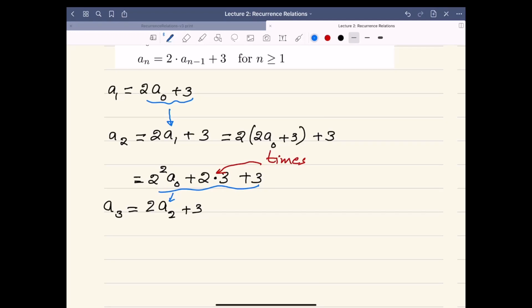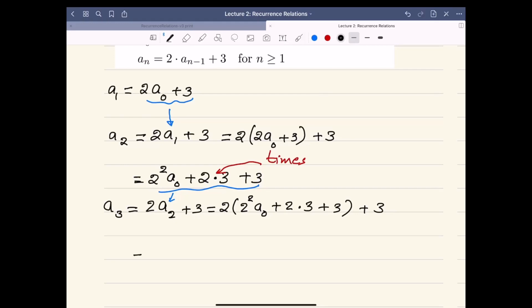When you substitute, you multiply 2 by this equation plus 3. Let us do this step in detail. So this is equal to 2 times (2 square a0 plus 2 times 3 plus 3), and don't forget we have a 3 from here.